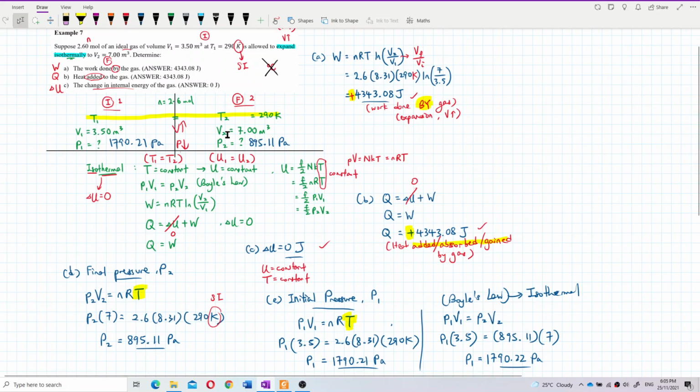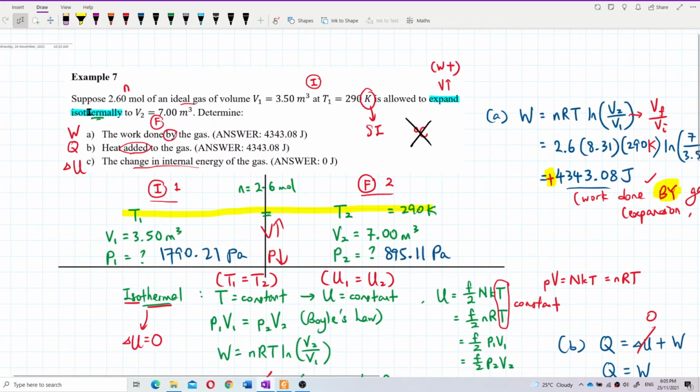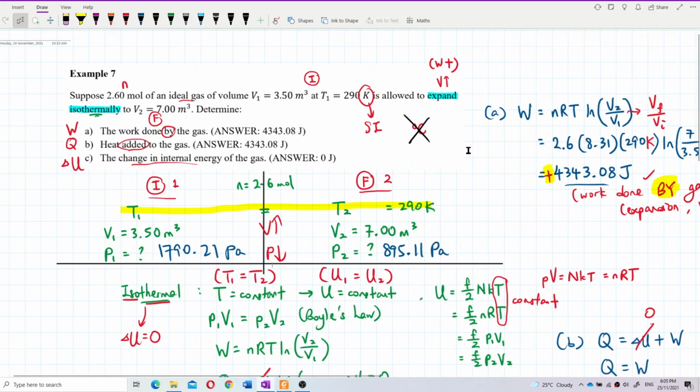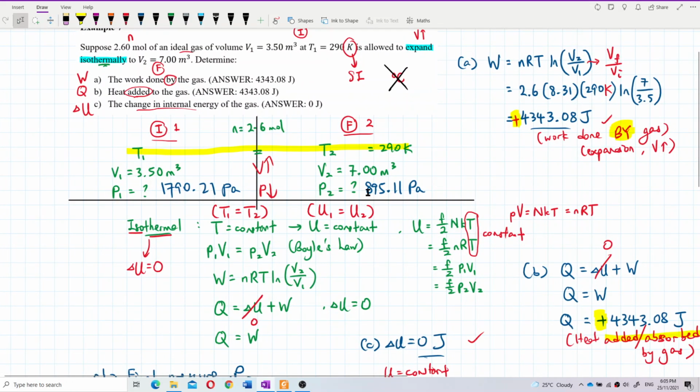From initial to final, volume increases, expansion. In isothermal expansion, volume increases and the pressure decreases, from 1790 to 895. That's Boyle's law: when one increases, the other decreases.